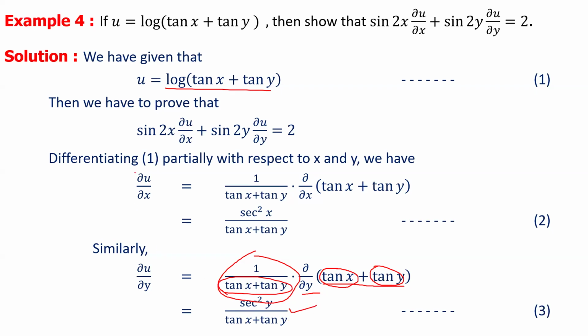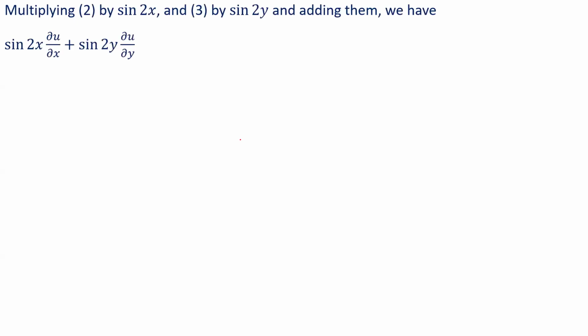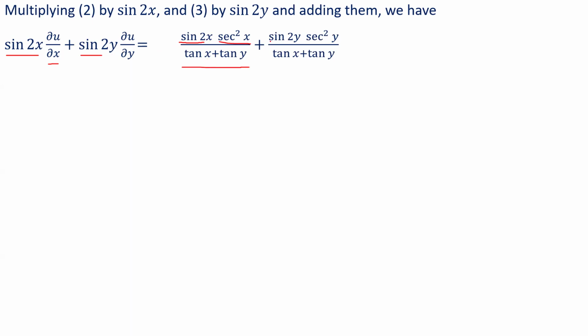Now we have to multiply these by sin 2x as given in the expression and these by sin 2y, and add them. Multiplying 2 by sin 2x and 3 by sin 2y and adding them, we have sin 2x into ∂u/∂x plus sin 2y into ∂u/∂y. Now, sin 2x into sec square x upon tan x plus tan y, plus sin 2y sec square y upon tan x plus tan y.